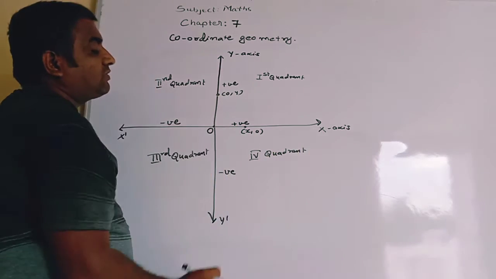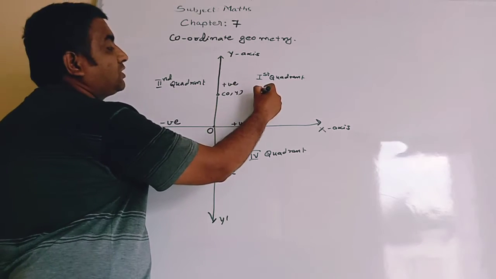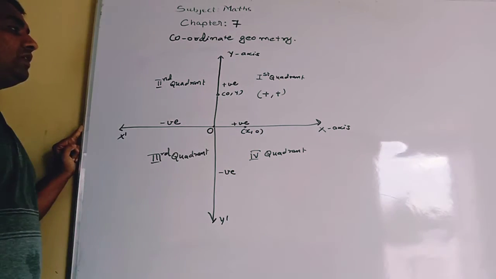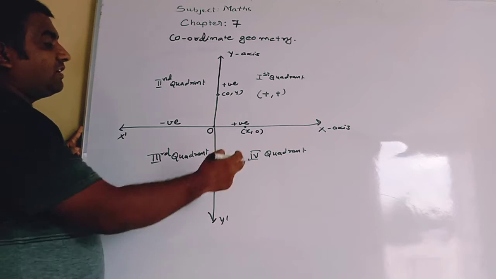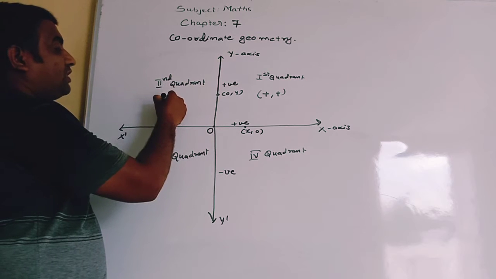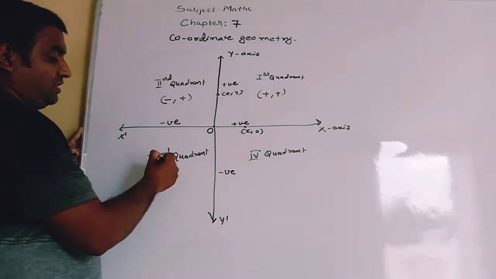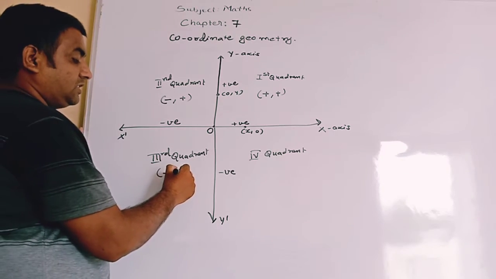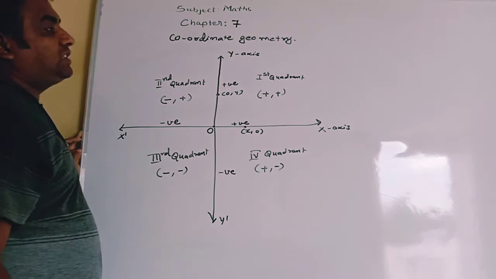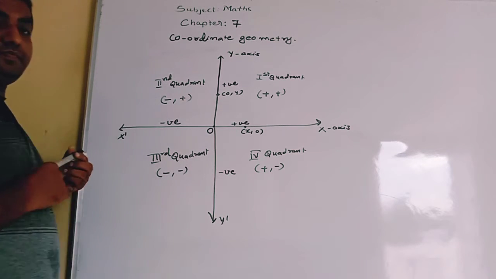In the first quadrant the x-axis is positive and the y-axis is positive, so all the coordinates are of the type plus, plus. In the second quadrant the x coordinate is negative and the y coordinate is positive, so minus, plus. Here minus, minus, and here plus, minus. So this is the basics we have studied in the 9th standard.